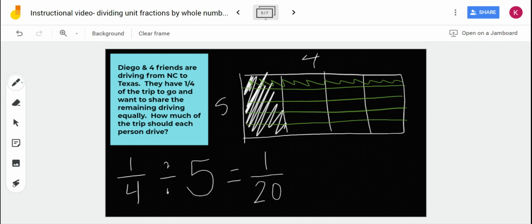So here again, if I were to answer or go back to that question, 1/20th, when I started with 1/4, 1/20th is much, much smaller than 1/4. And I can see that right here in my model. 1/4 is right here, but 1/20th is this little piece.